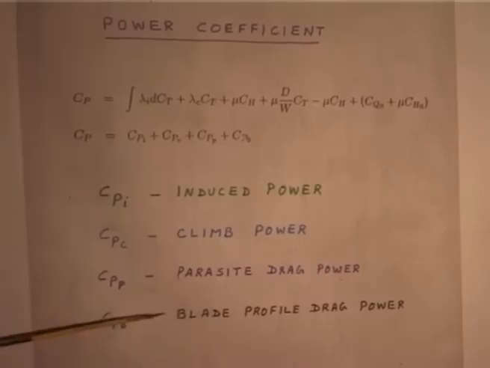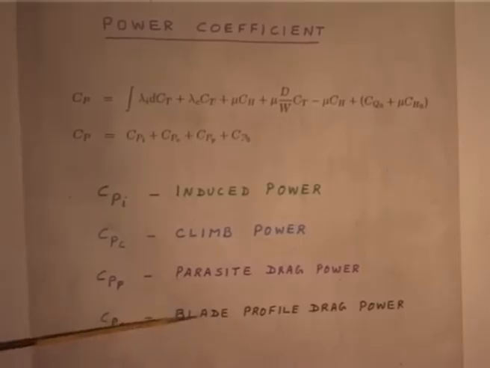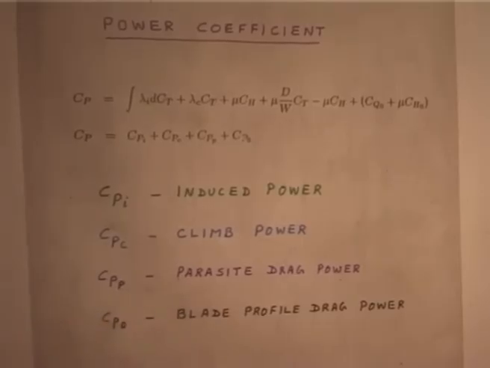And the last expression is profile power, this is purely CD naught, please understand. CD naught is the profile drag of the blade, the sectional drag, but the parasite term is the drag of the fuselage. So, you have split the power into 4 sub components, and for each sub component you have a very nice expression.